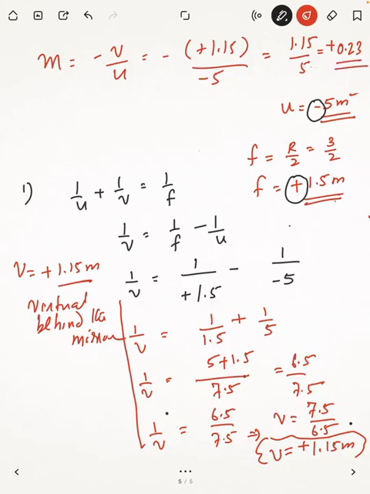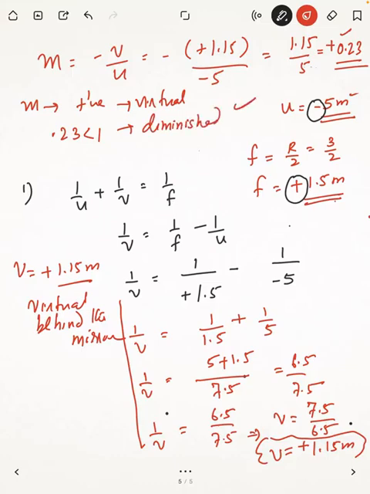So the magnification is positive, a virtual image. What about the size? This value is 0.23, which is less than 1. So we say that it's a diminished image.